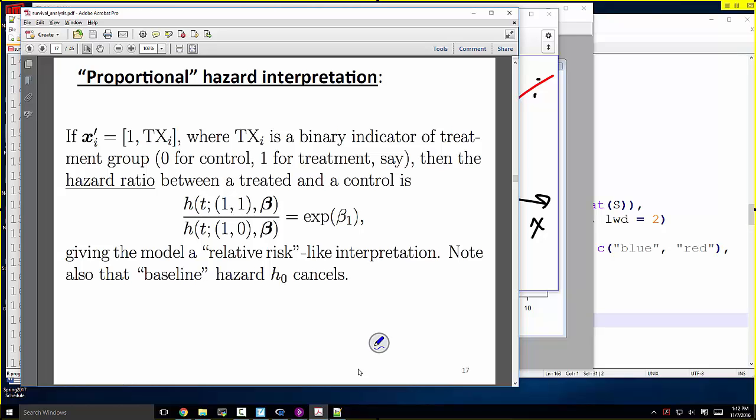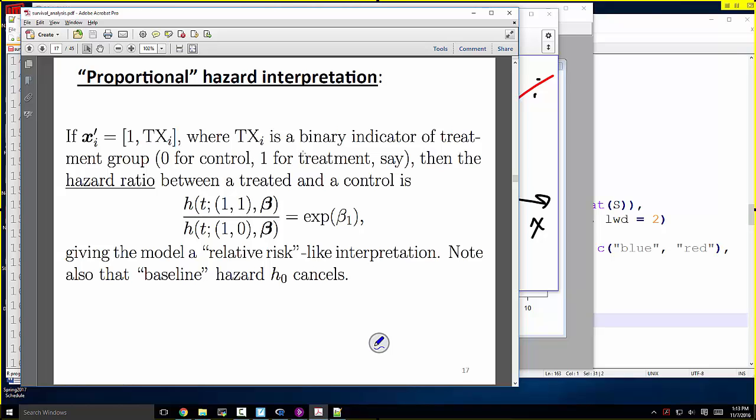If we have just a two-class problem, treatment and control, say, then individual i's covariates are essentially a 1 to turn on the intercept in the model, and an indicator variable for whether or not they're in the treatment group or the control group. So Tx sub i would be 0 for a control individual, 1 for a treatment individual.